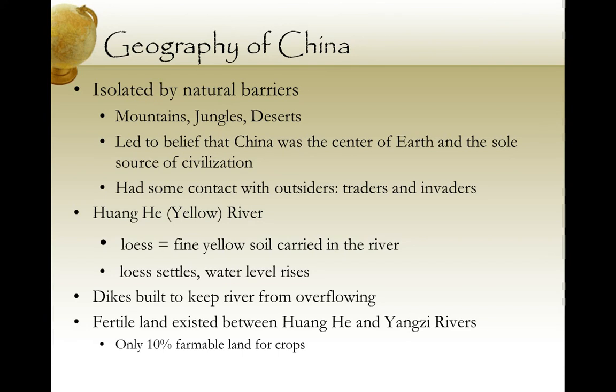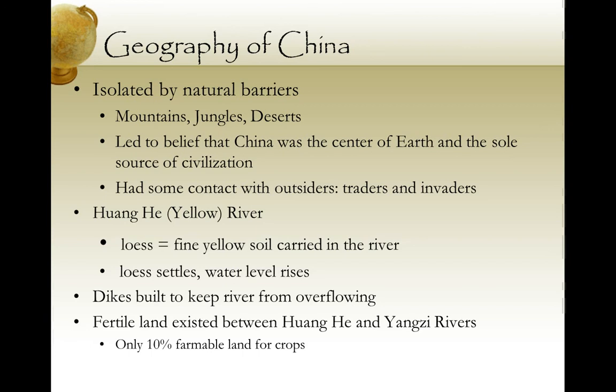So from very early on, the Chinese are having to look to engineering to solve some of their environmental problems, so that we're building dikes and we're building dams to control these natural features so that we can benefit from them as much as possible without having to deal with some of the negative consequences.